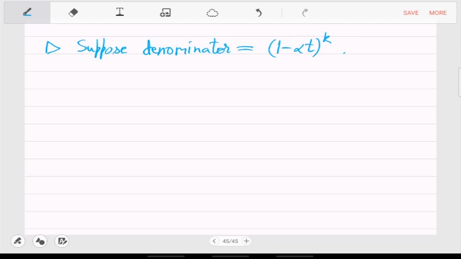And that will have a very different behavior. So do you know what happens then? Right, so suppose the denominator is 1 minus alpha t raised to k. So in that case, what can you do with this?